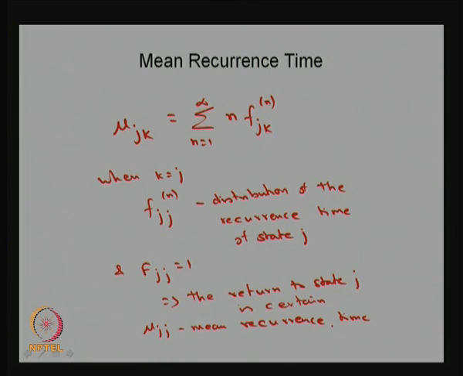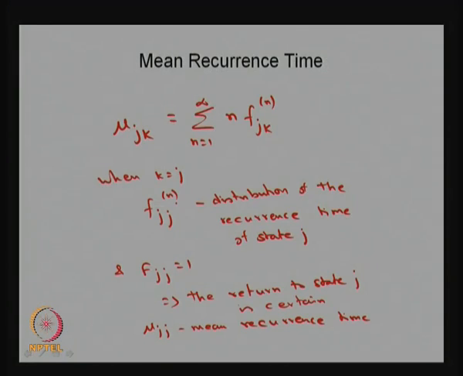So, we are considering the second case in which f j j is equal to 1. That is nothing but the return to the state j whenever the system starts from the state j is certain, and the small f j j of n will give the distribution of the recurrence time, and our interest is also in the mean recurrence time, that can be calculated by using mu j j.